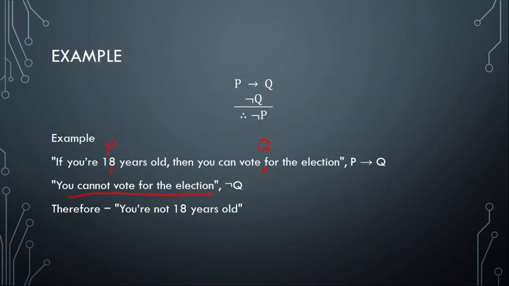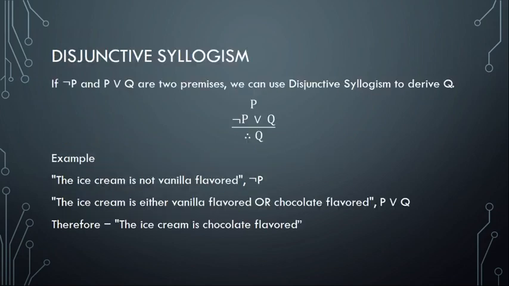Modus tollens. Another one is the disjunctive syllogism. So, just like modus ponens and modus tollens, it has two premises.